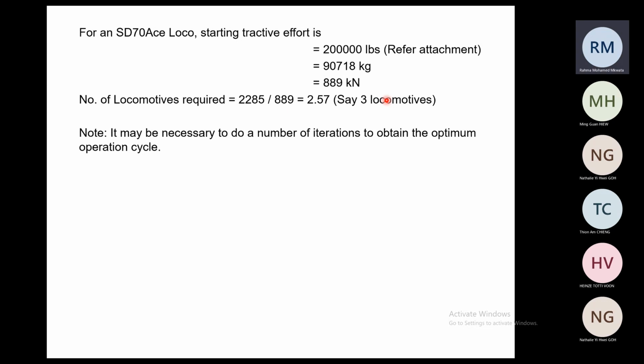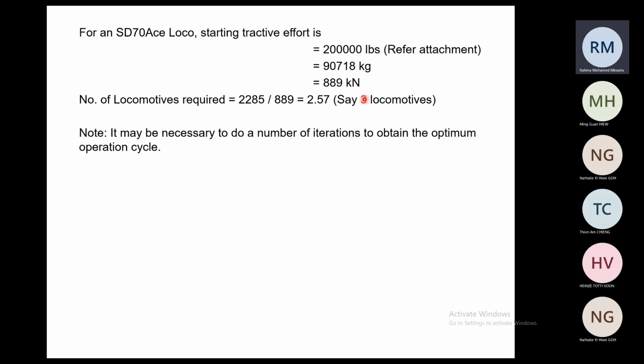So our earlier assumption of having 3 locomotives was actually correct. Sometimes for this type of question, you might need to do it more than once. You see there is a note here: it may be necessary to do a number of iterations to obtain the optimum operational cycle time.